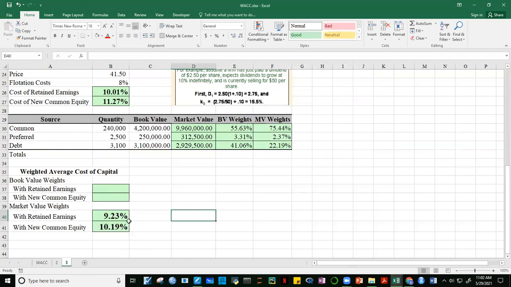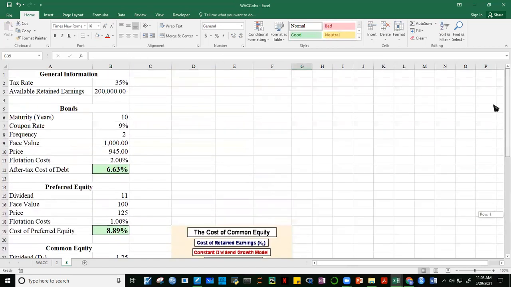Okay. So this is our answer, guys. Kung ginagamit natin hindi new issues of stock, then 9.23%. If it's new issues of shares, 10.19. Okay, so that now takes care of our weighted average cost of capital.